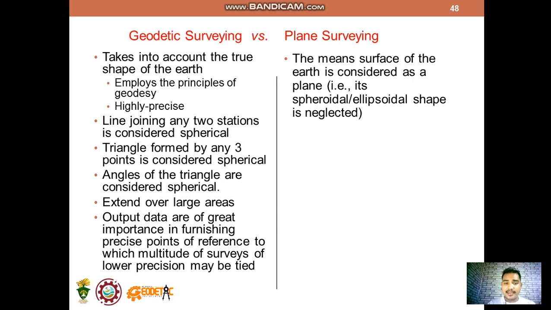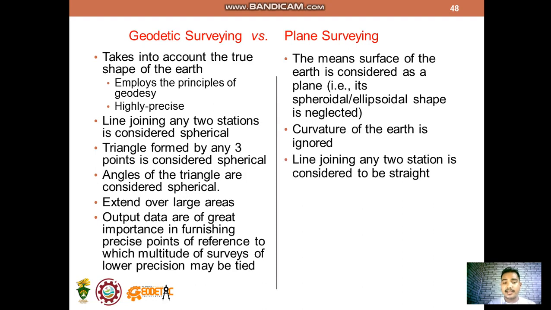For plane surveying, this means the surface of the earth is considered as a plane, from the word itself, plane, flat lang tanan. So dili siya spheroidal or ellipsoidal, kay gi-neglect niya ang curvature. So the curvature of the earth is ignored and the line joining any two stations is considered to be straight, unlike in geodetic surveying where it is spherical or curved.